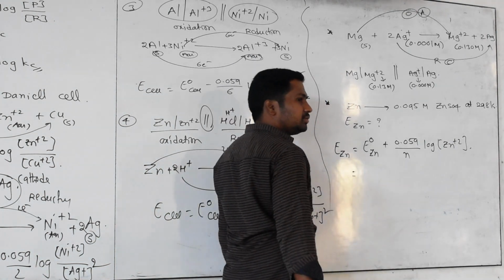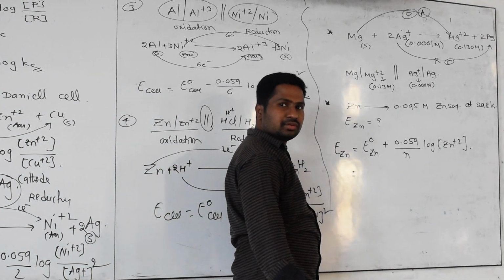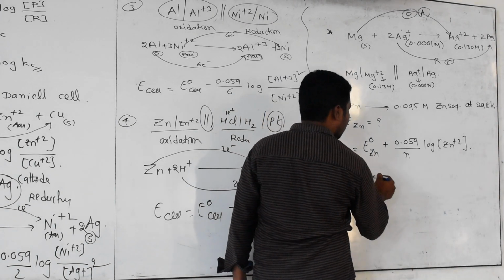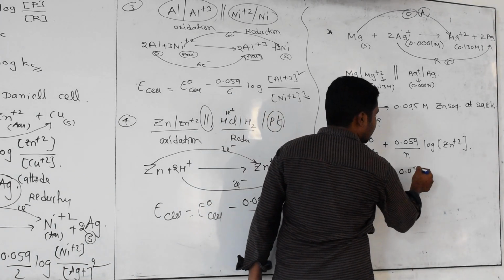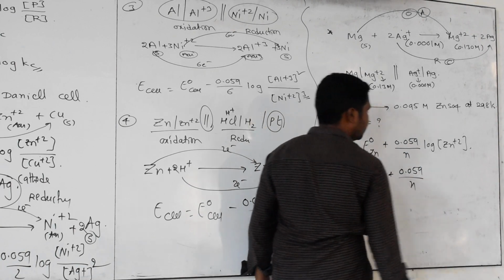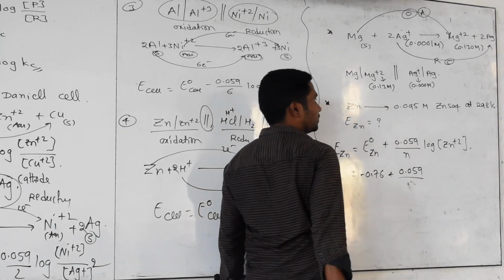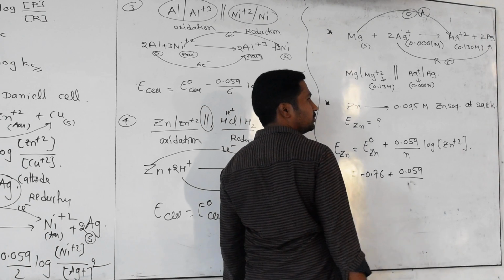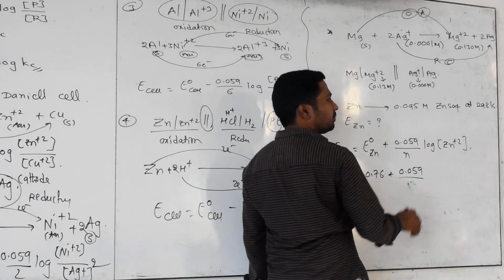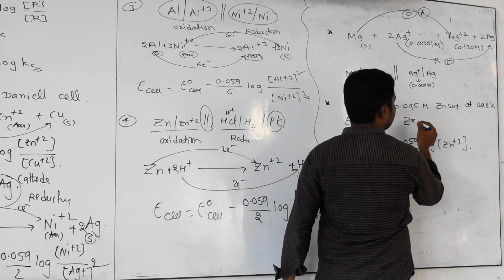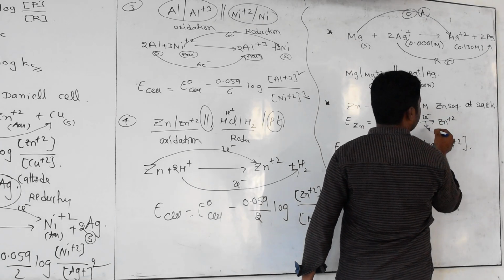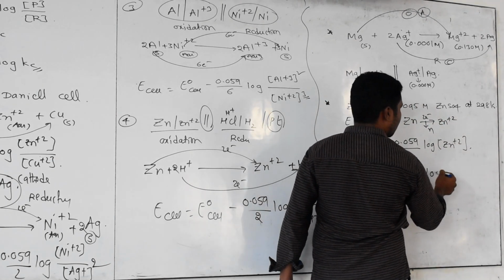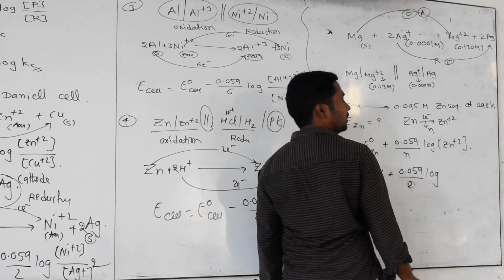You have to remember some values: the standard electrode potential of zinc is minus 0.76 volts, plus 0.059 by n. Generally, what is n? It is the number of electrons transferred. Zn into Zn+2 is a 2 electron transfer. That's taken as n, 2, into log of the concentration of the zinc ions.